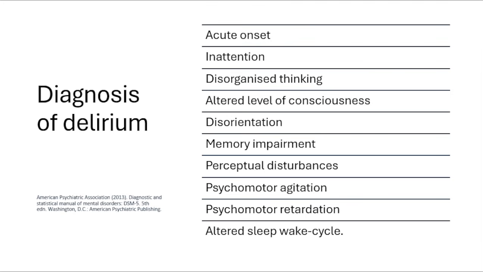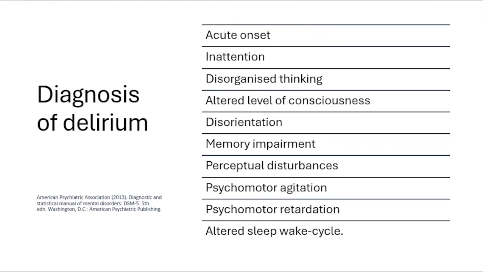The first feature is acute onset. If someone on the ward notices an acute behavioral change, the number one possibility is delirium. The patient is well, and suddenly changes behavior, so you have got to exclude delirium, right? This applies not only to patients, but sometimes to friends among us and family members.